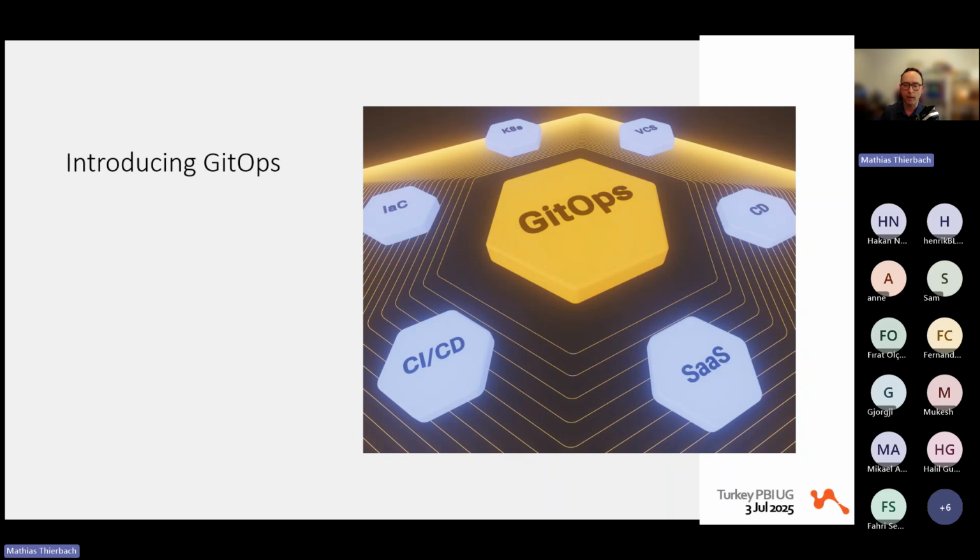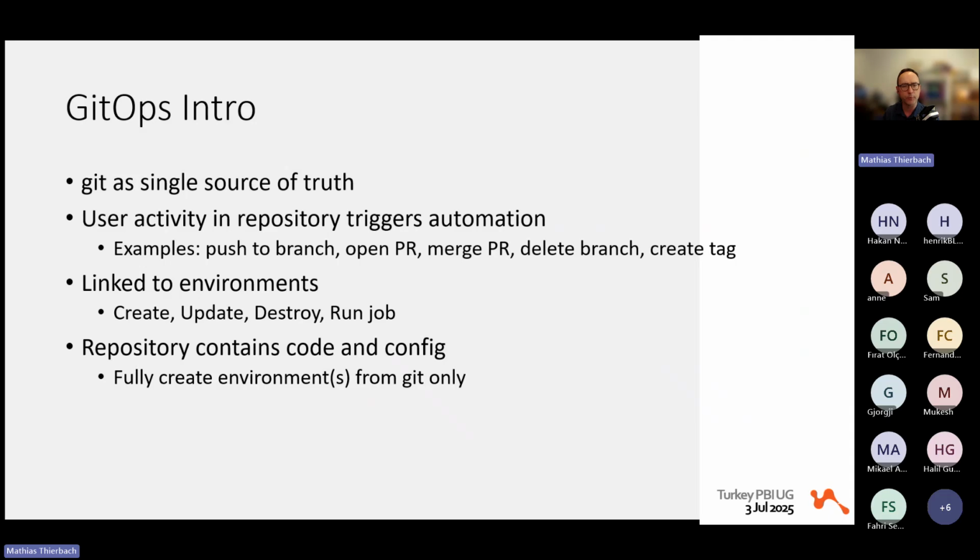GitOps is an evolution of that, which is much more recent, much more modern in a way, and it fully embraces Git as a source control system to be the single source of truth for everything that makes up your system.